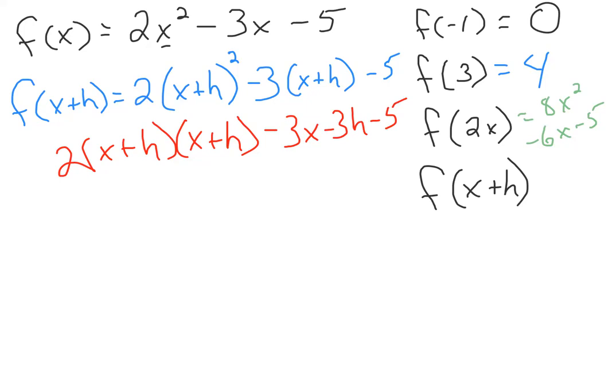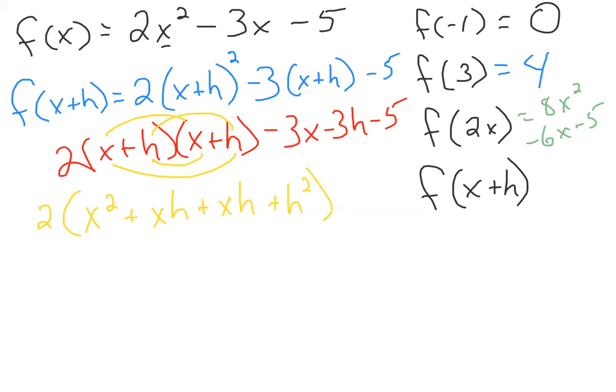Now, this is the method called FOIL, where I go first to first. x times x is x squared. Outer, x times h gives me xh. Inner gives me xh. And last, h times h gives me h squared.